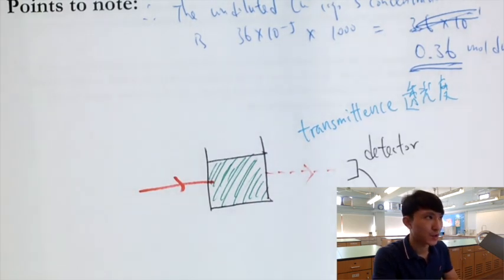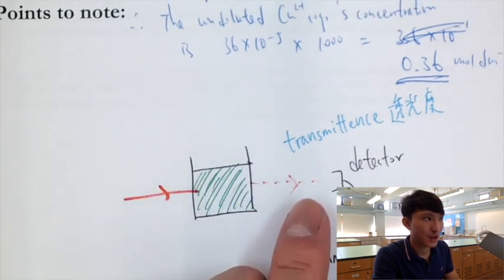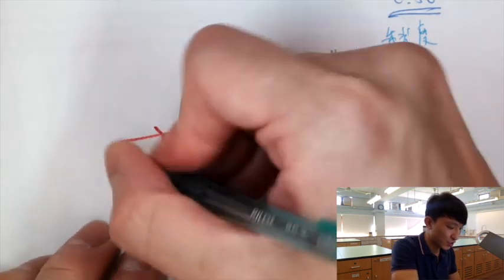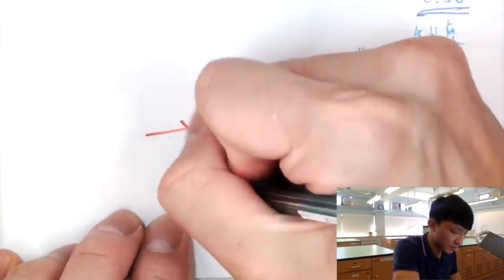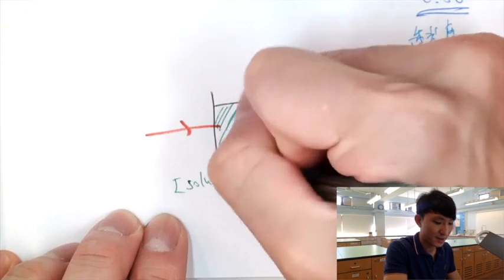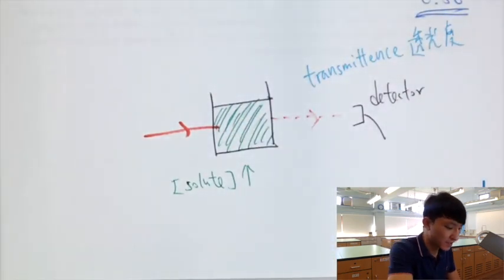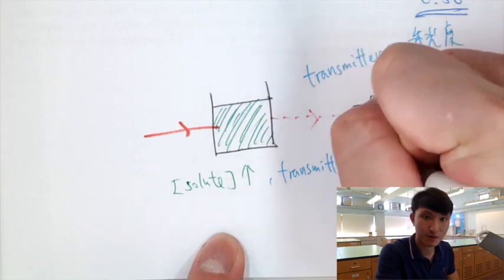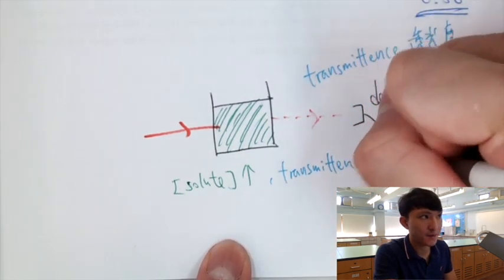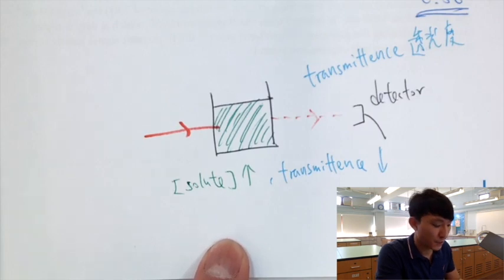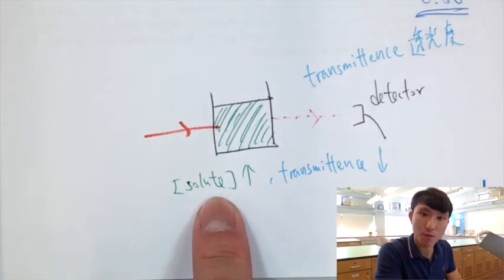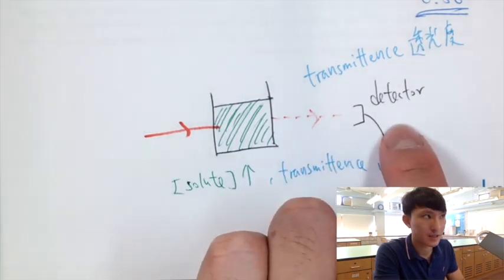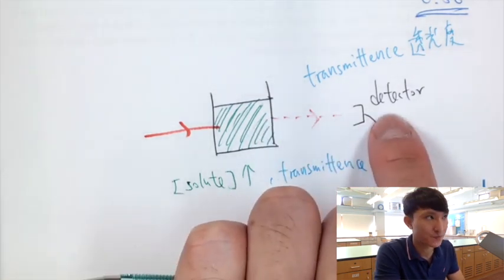If the concentration of the solute is high, is the transmittance high or low? It would be low. That makes sense, because if you have more solute, it will absorb more light, so less light will pass through the sample and end up at the detector.